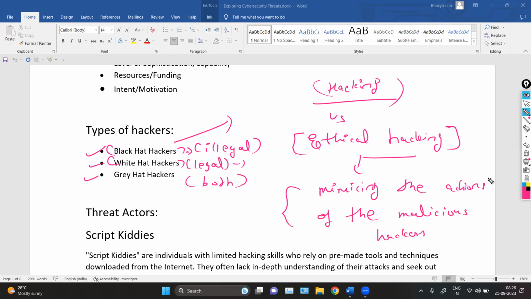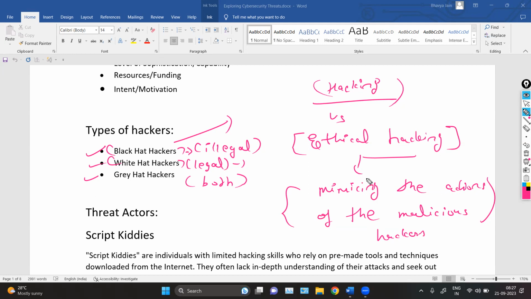The difference between hacking and ethical hacking is that whatever you are doing in hacking, you are doing without permission, that is illegally. In ethical hacking, whatever actions we are performing, we are doing in a legal way. We are following the laws, the ethics, the standards, the policies, the baselines, the guidance, everything.